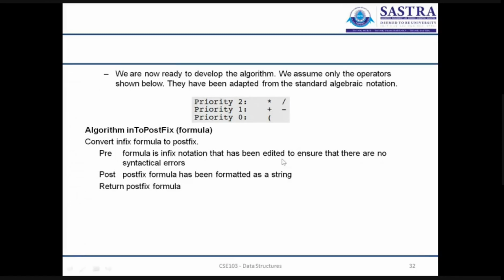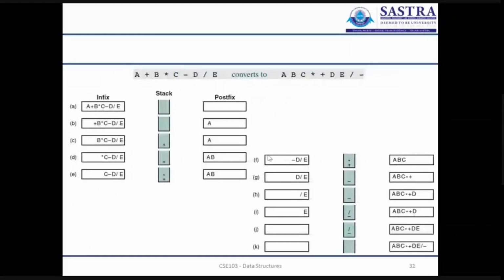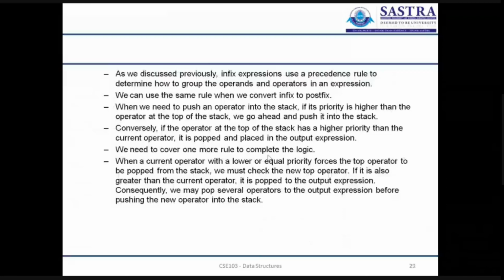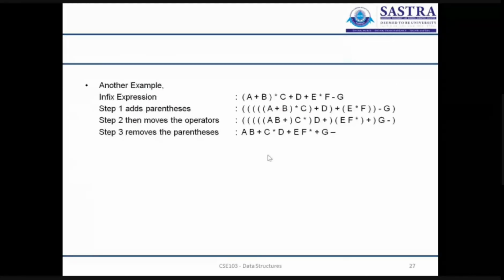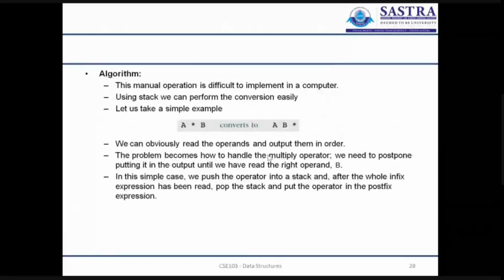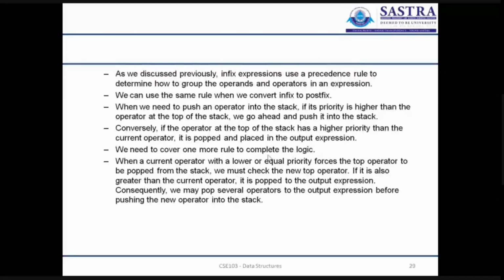Now sir, if both operators are of equal priority, then what to do? See the first rule. When we need to push an operator onto the stack, if its priority is higher than the operator at the top of the stack, we push.